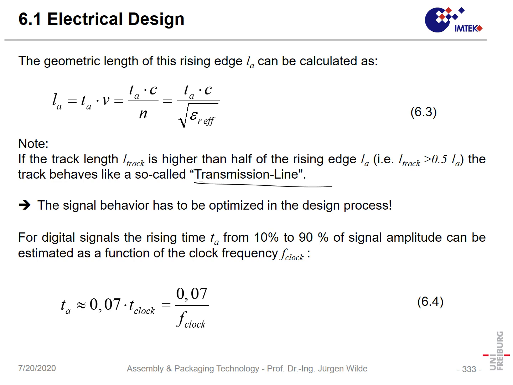So when you make a design, you can make an assumption what's the clock frequency of my ASIC or microcontroller, and in that way it's relatively easy to estimate if this transmission line criterion is met, and if you have to do an optimization of the behavior of your line.